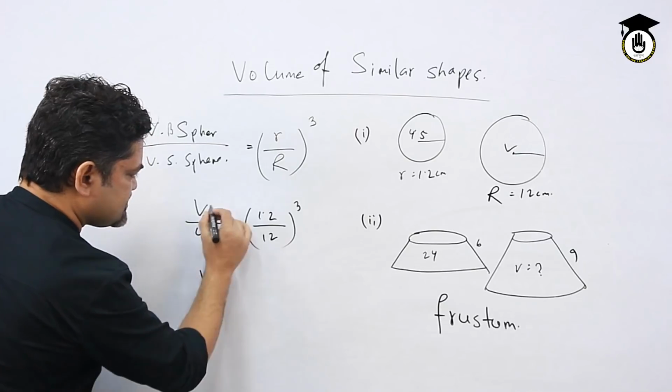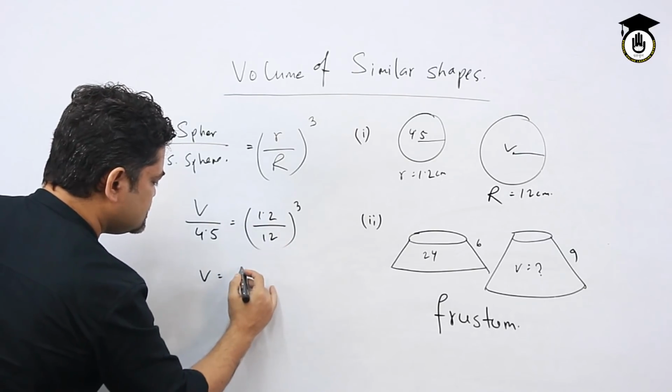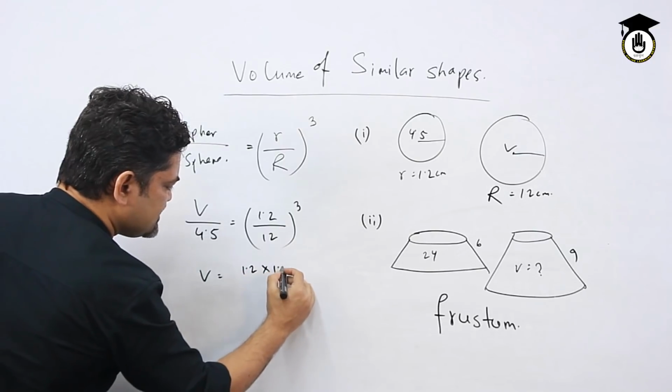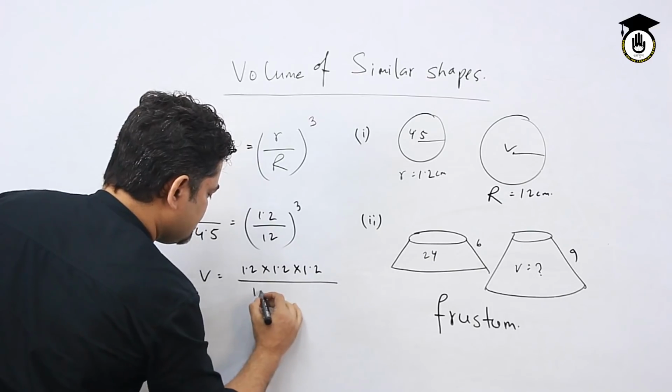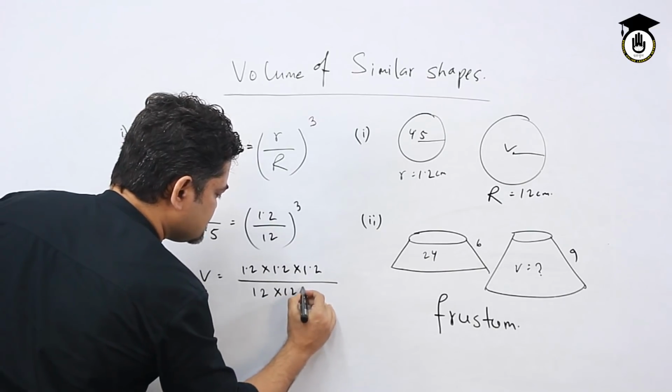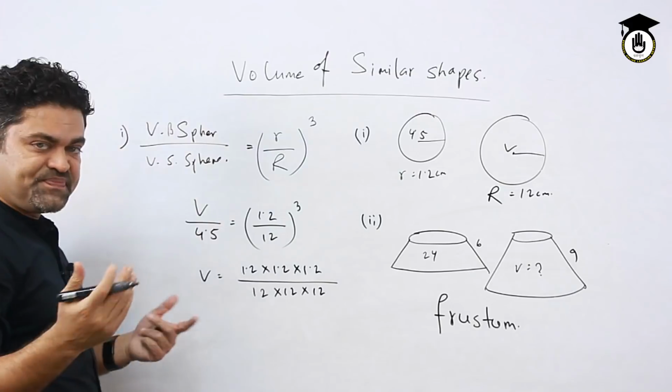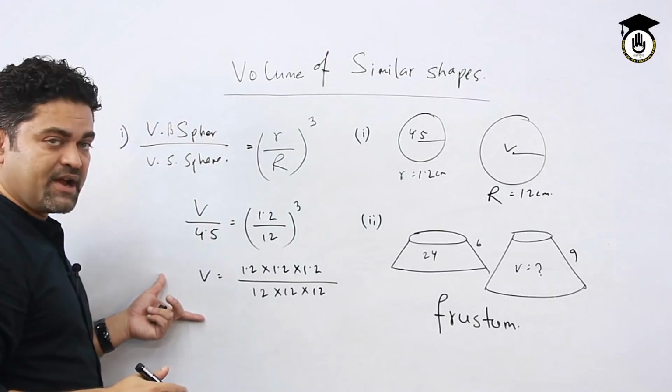If you do the cross multiply, 1.2 I am writing the same way so that our students can understand, and you will sort out these answers at home in practice.